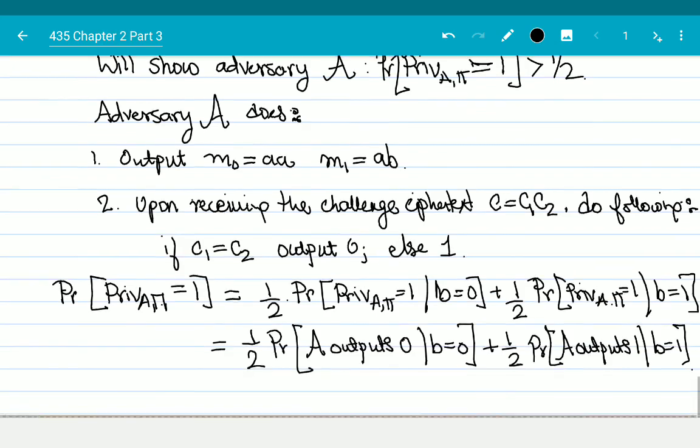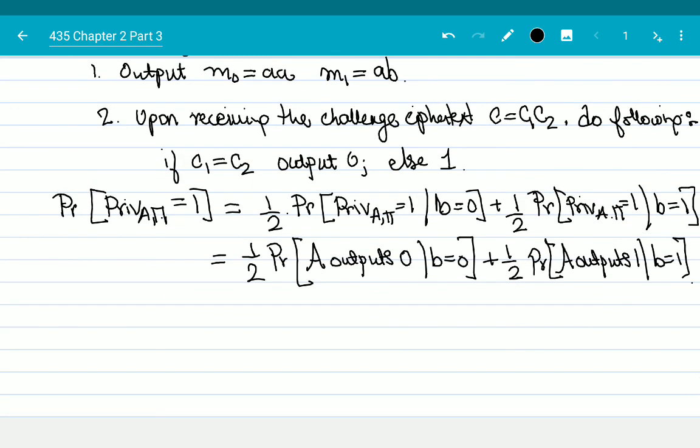Where B was the uniform bit chosen for whether my message is going to be M0 or M1. So B is equal to 0, B is equal to 1 is basically saying M is equal to M0, M is equal to M1. Okay, so let us calculate the probability of each of these.